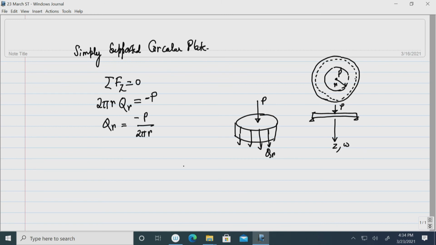Now, let us write the differential equation of equilibrium.